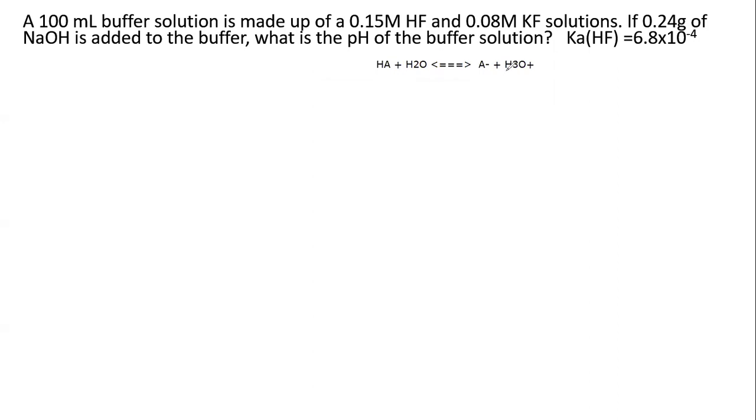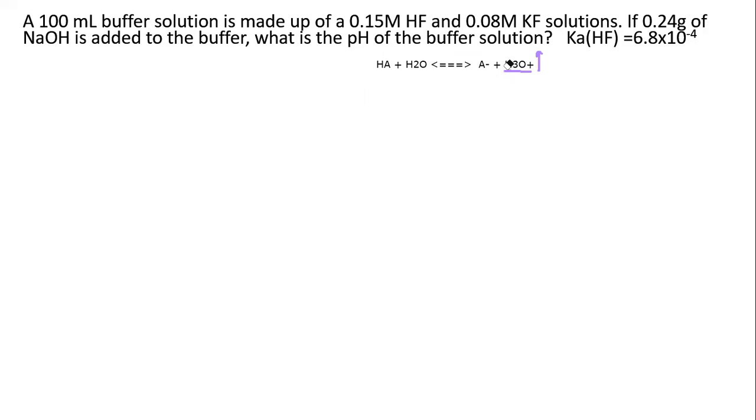So if we add a strong acid, you're adding a product, it's going to shift to make more reactant, aka more weak acid, to reestablish equilibrium. So again, when you add strong acid, you're decreasing the amount of conjugate base, you're increasing the amount of weak acid to reestablish equilibrium.